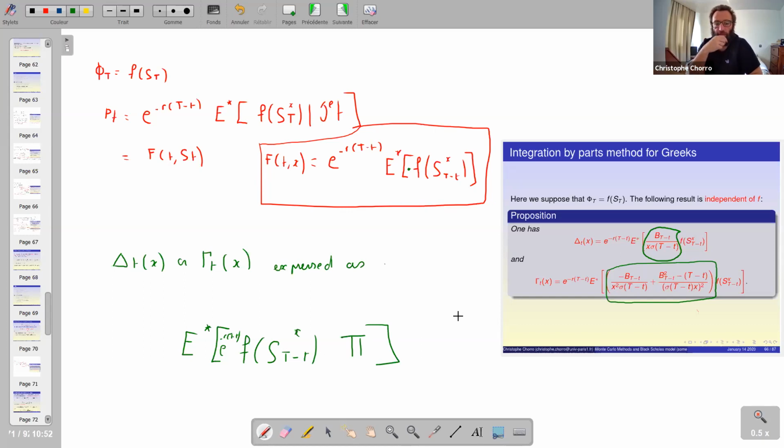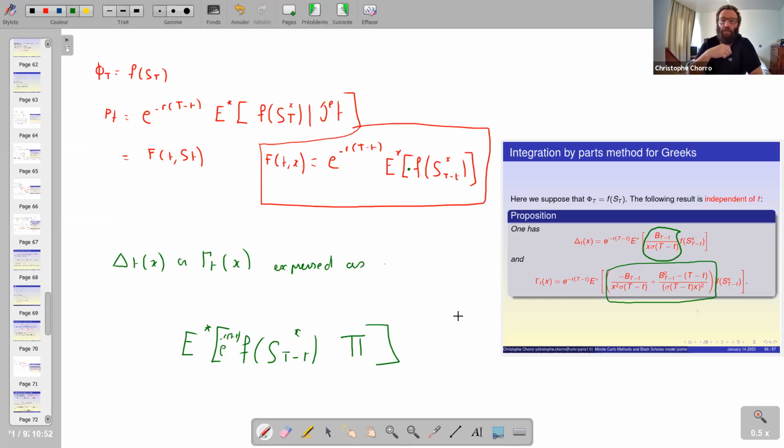I will explain how to obtain it in one second. This is exactly what I want to do: remove the derivative part in the expression of delta and gamma in order not to use the finite difference scheme.